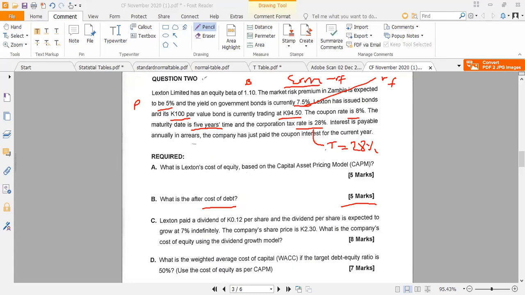What else are we given? Interest rate. What is our annual interest rate payable? 8%. We have 8%. What else are we given?